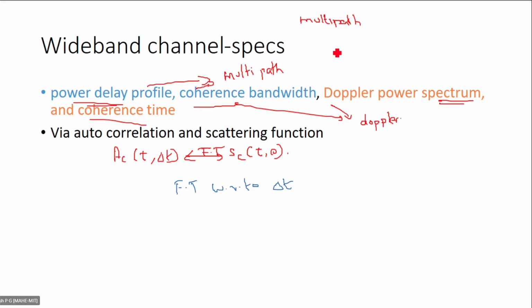Do you know what the different classifications based on multipath are? We can classify the channel into two based on multipath, and similarly into two based on Doppler.